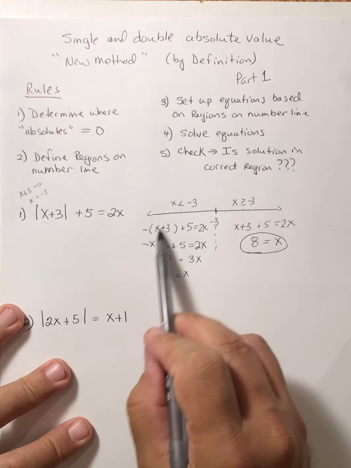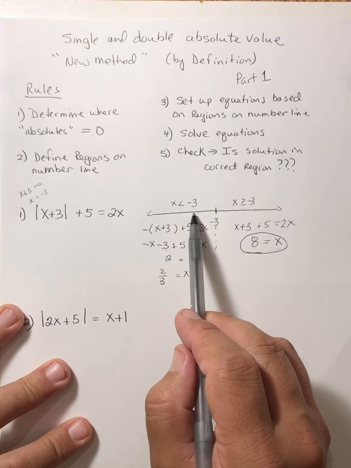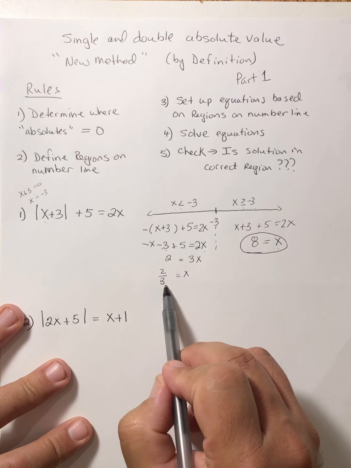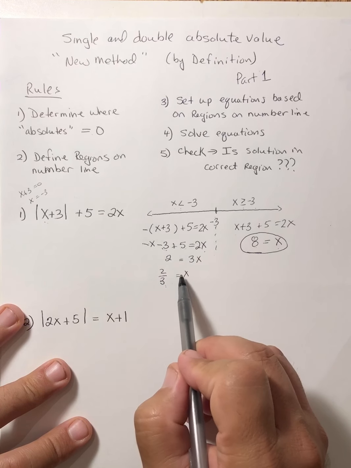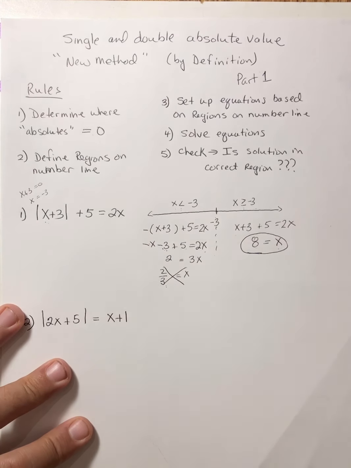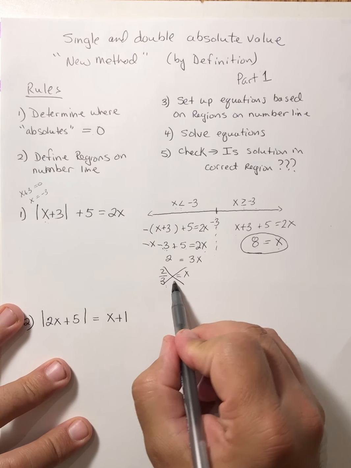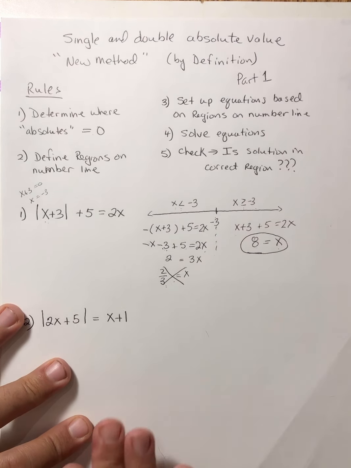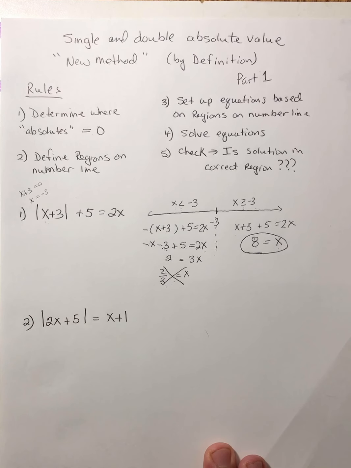On this side over here, x's are supposed to be less than -3. So this answer is supposed to be less than -3, but it's not less than -3. It's in the wrong region. So we cross it out. There's your check. 2/3 is not less than -3 here, so we can't keep it. There's only one answer. X is equal to 8. That's the nice thing about doing this number line.